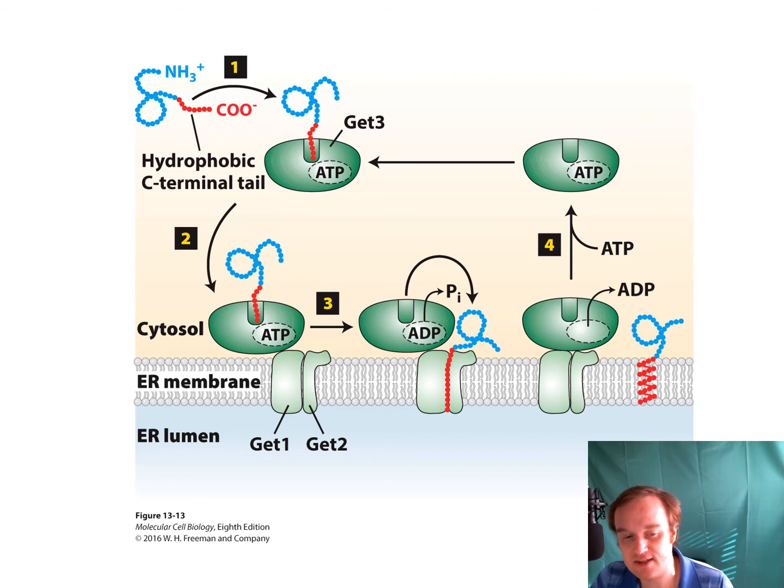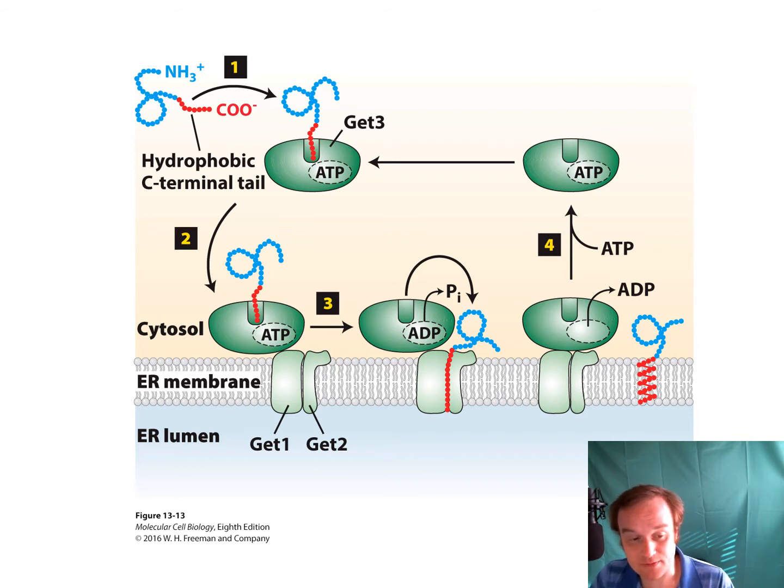There's no N-terminal signal sequence, as I had said, and the hydrophobic C-terminus is where the transmembrane alpha helices is located. And this doesn't get inserted into the membrane until the protein is completely translated. So unlike our previous examples of type 1, 2, and 3, these are inserted after they're fully translated.